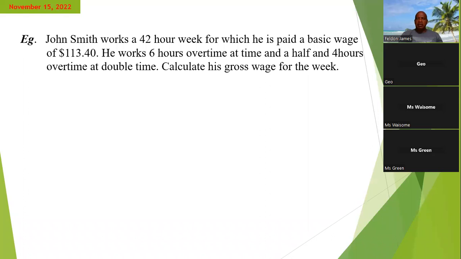We are to calculate how much he would get for his overall pay, or his gross wage. The gross wage is when you add up his basic wage plus his overtime. So take about 2 minutes to calculate that and tell me what answer you get, guys.